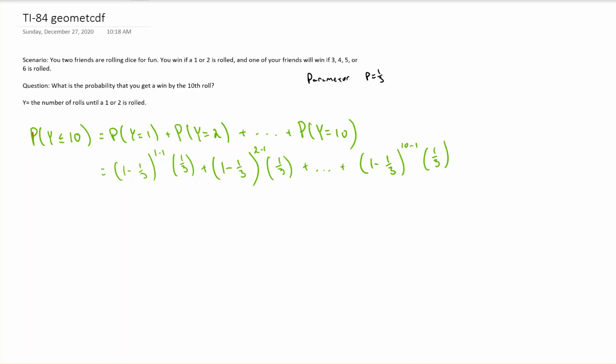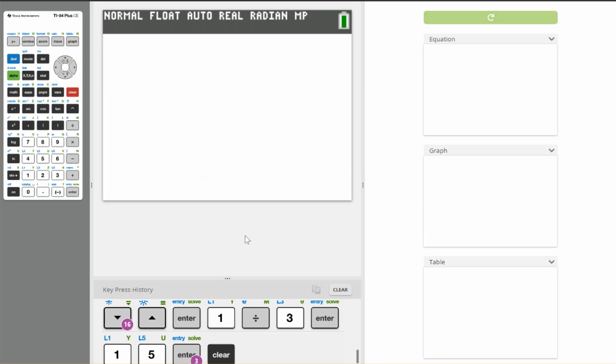So you can use your calculator, say if you were on the AP exam or have a TI-84, and you can use the geometric CDF function. So let's see how we can use this. I'm going to pull up my TI-84 Smart View. If I want to use the geometric CDF function, cumulative distribution function, because I'm adding up all these values, it's a cumulative effort here.